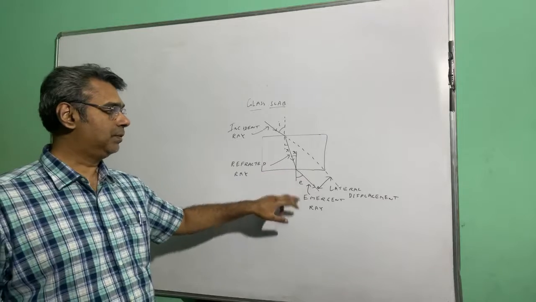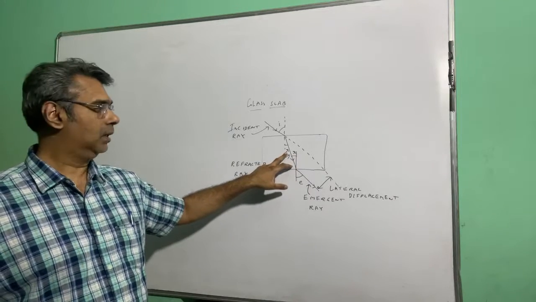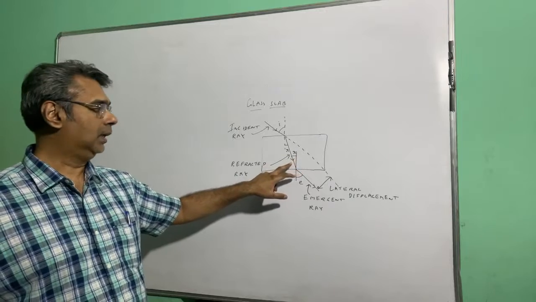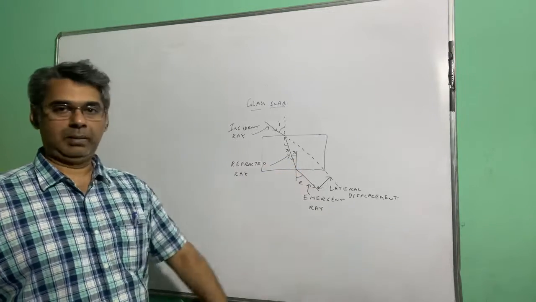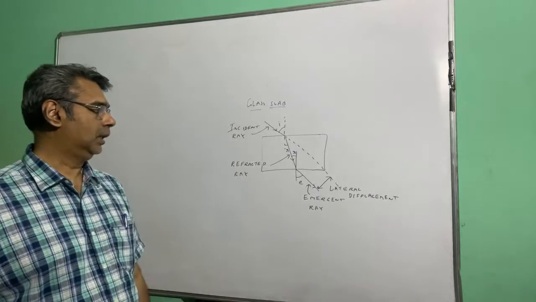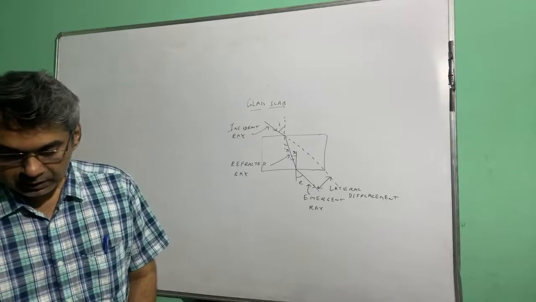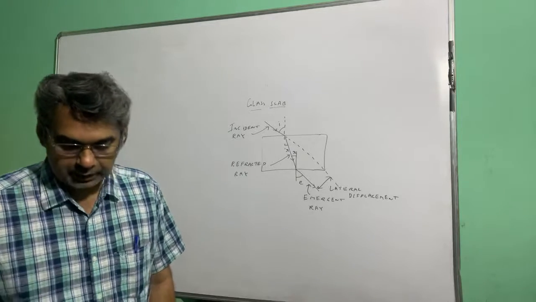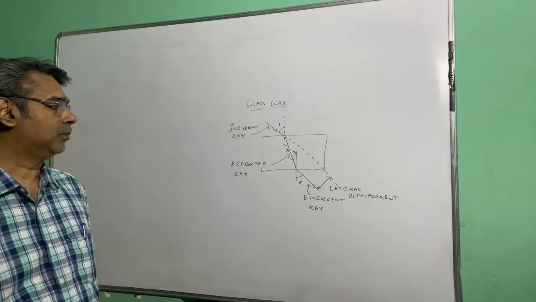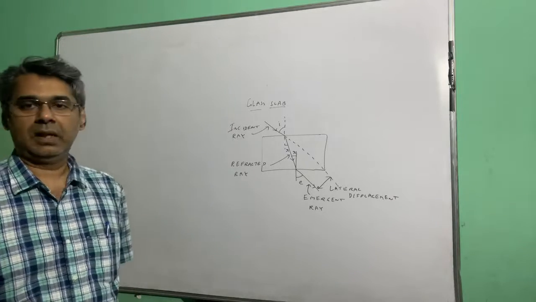Then at the opposite face, this angle will be alternate to this angle. This is R, this is also going to be R, and then the ray will come out, and the ray which comes out is the emergent ray, and this is the angle of emergence. I have written it as E because that is the convention.